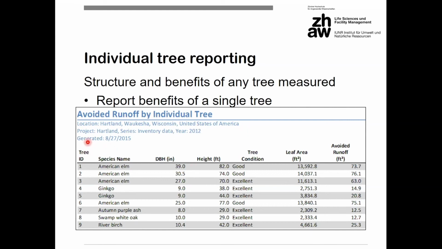It's an example from the US. The species name usually should be scientific, so Latin, not the common names, but you can see what iTree is providing. Here we got the English metrics, so for Europe or for Switzerland, we took, of course, the European metrics.